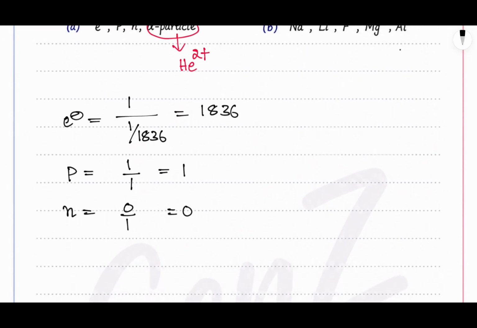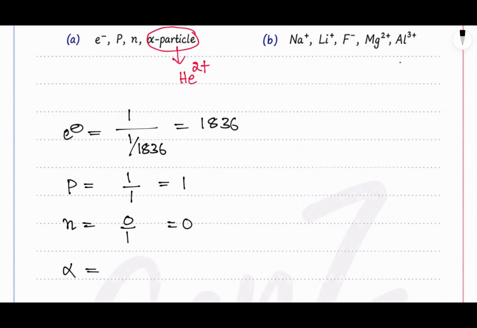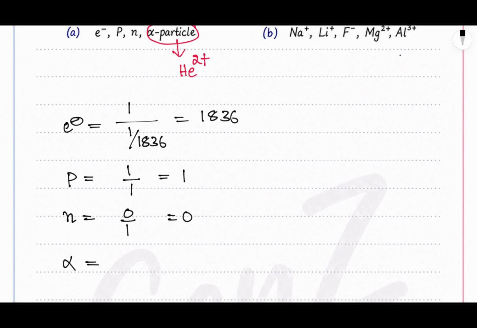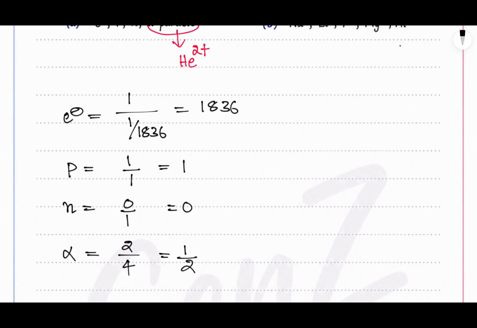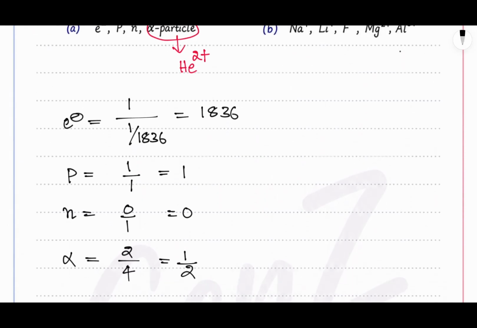For the alpha particle, a bipositive helium ion, the charge is 2 and the relative mass is 4 units, so it comes as 1 by 2. These are the relative specific charge ratios.